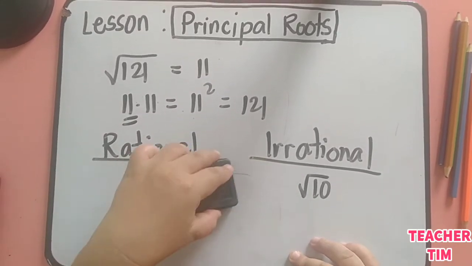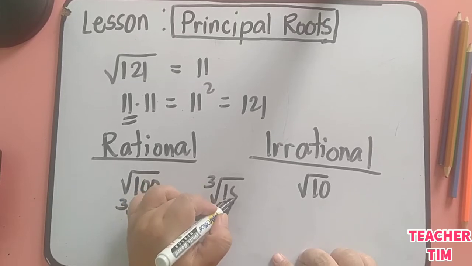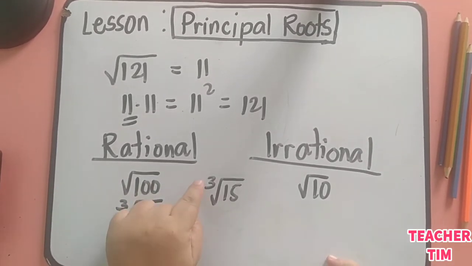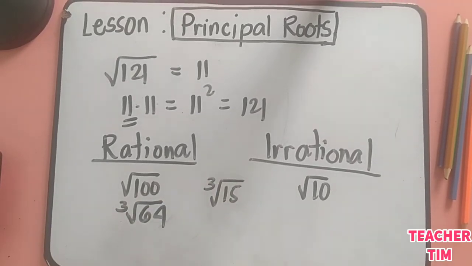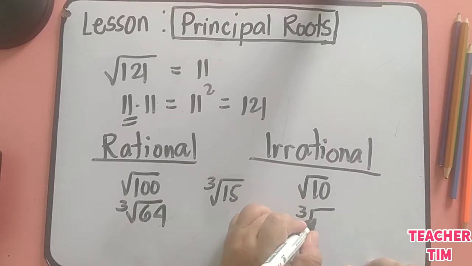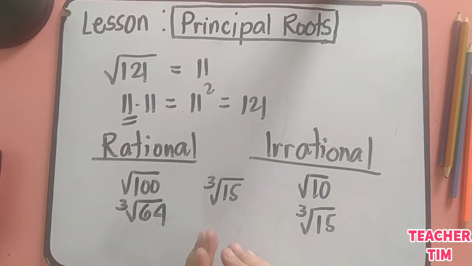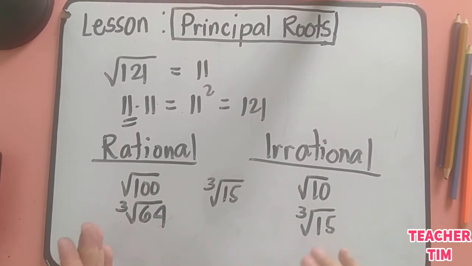How about if we have the cube root of 15? Is there any number to be multiplied by itself 3 times to make it 15? Of course, there's none. So therefore, the cube root of 15 is considered as an irrational number. So that's the difference between rational and irrational numbers.